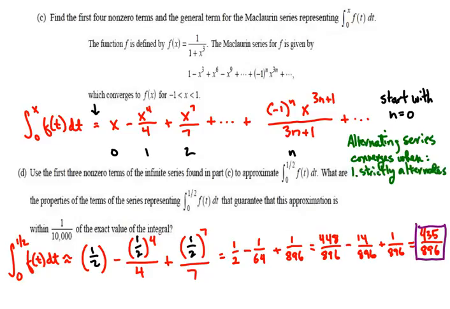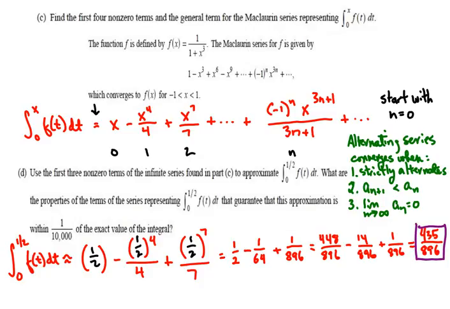One, that it strictly alternates, and we see that that negative 1 to the nth will guarantee that. Second, that the n plus first term is less than the nth term, which means the terms are getting smaller. And we can see from the three terms that we calculated, 1/2, 1/64, 1/896, that that is true. And the third is that the limit of the nth term, as n approaches infinity, is 0, and we can see that as well.